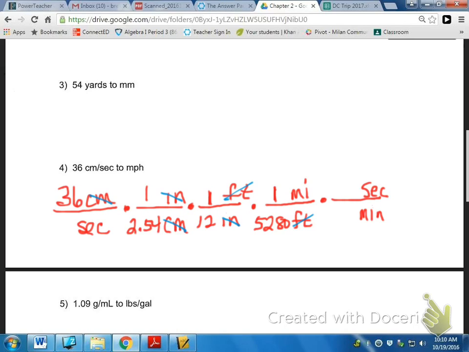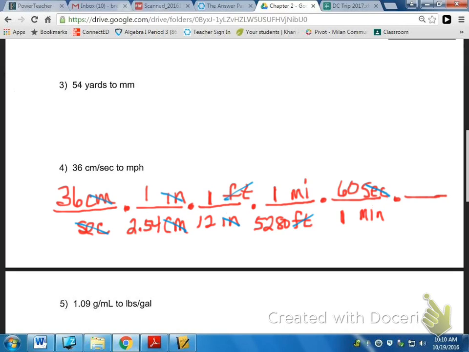How many to what? 1 minute to 60 seconds. Okay, so I'm canceling out seconds and seconds. So right now, if I stopped, I would have the number of miles per minute. That's not what I want. I want miles per hour, so I got to keep going.